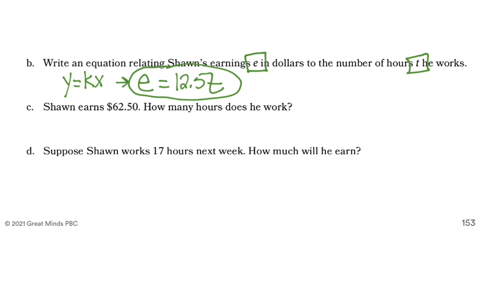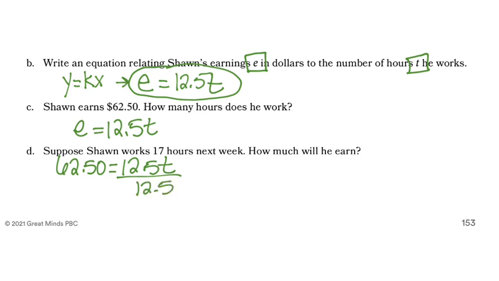So for part C, they want us to use that equation, E is equal to 12.5T. And they want us to figure out how many hours does he need to work to make $62.50. I'm going to write over letter D on this one. So his earnings would be $62.50, and then 12.5T would be here. To get T by itself, we would divide both sides by 12.5.